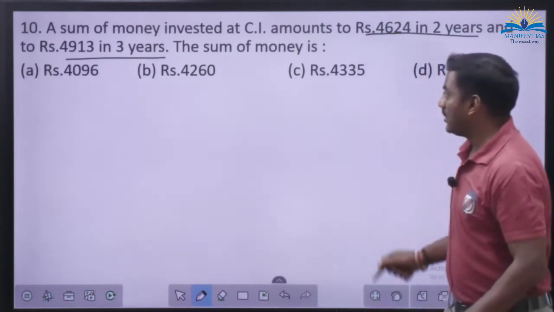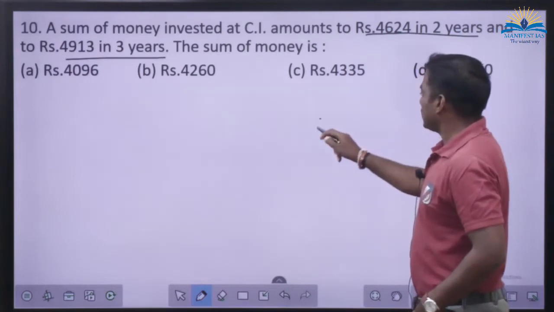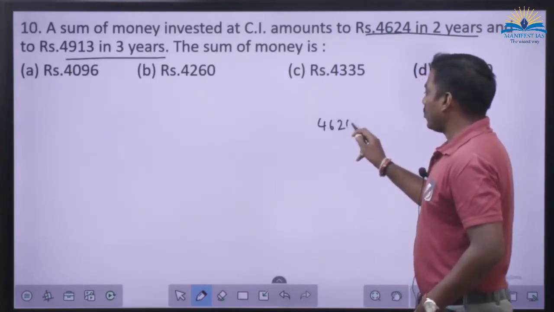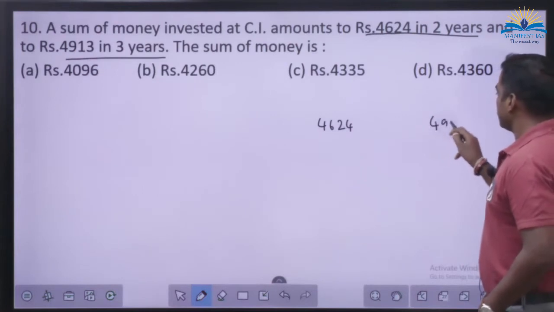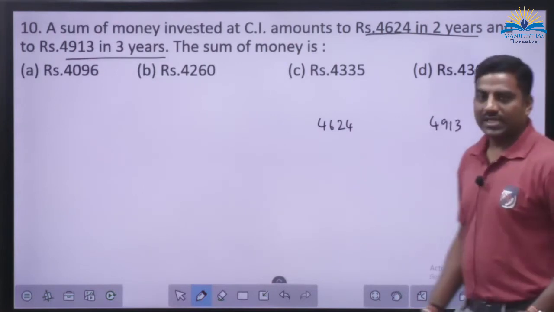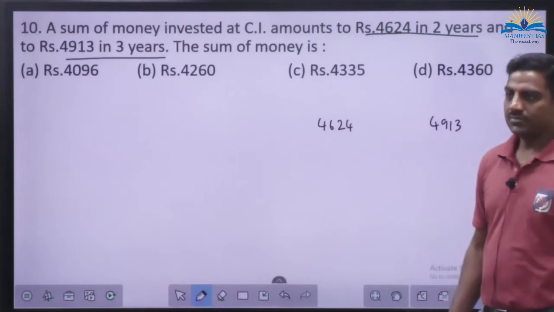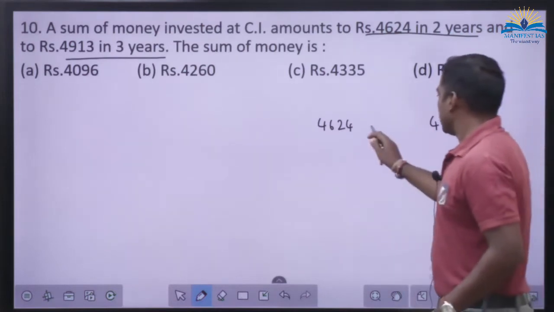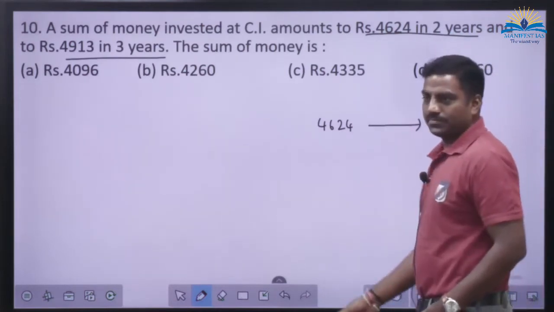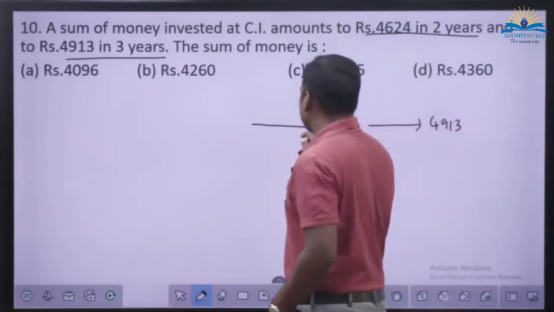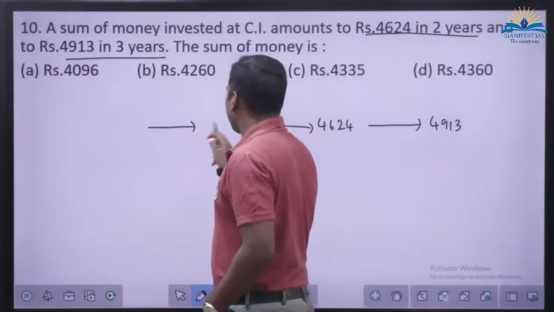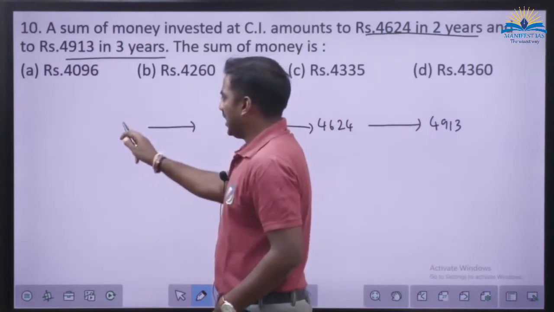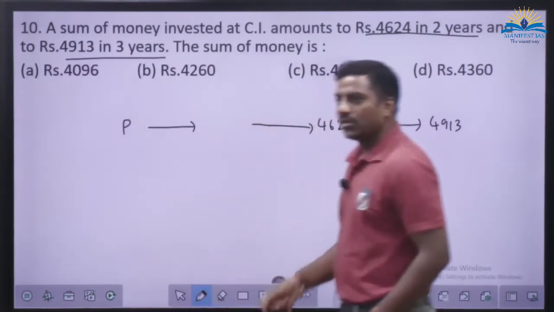What has happened in between? Here, 4,624 after 2 years, and after 3 years, 4,913. This is the transformation here. And from the first year to second year, this is the transformation. And from here to here, there is one more transformation, and here comes the principal amount.